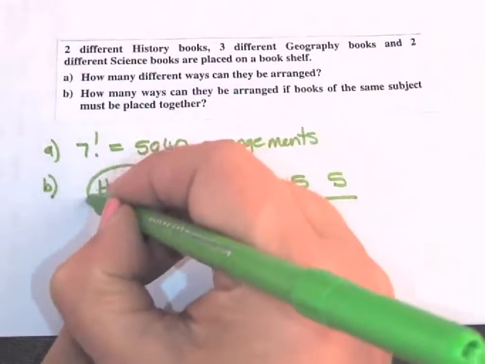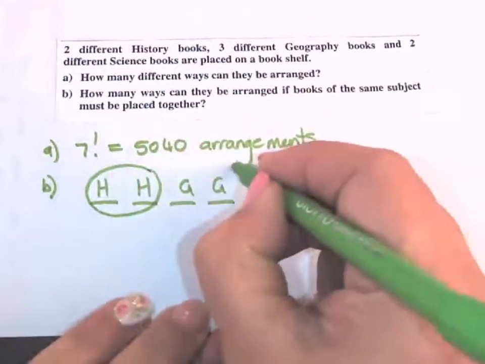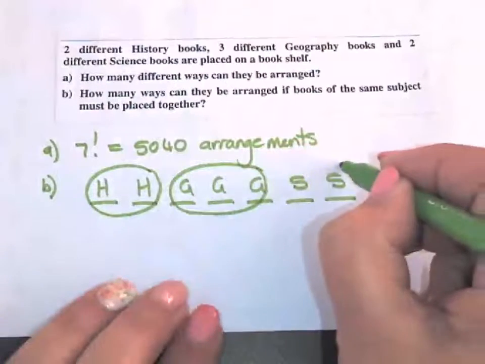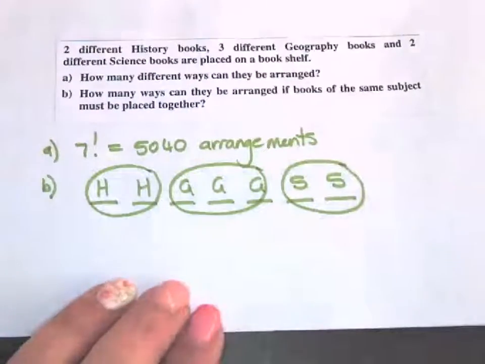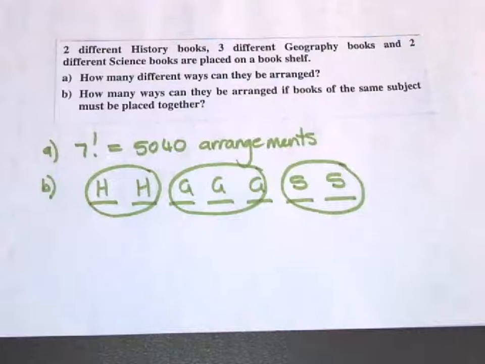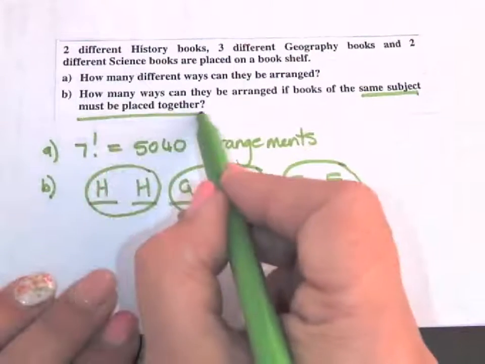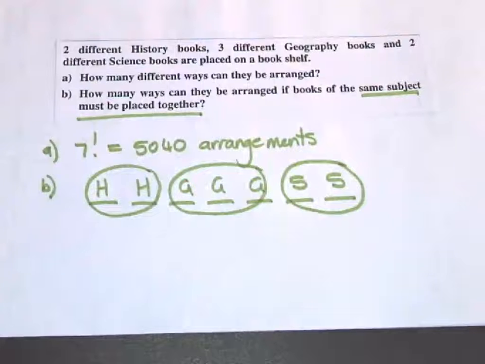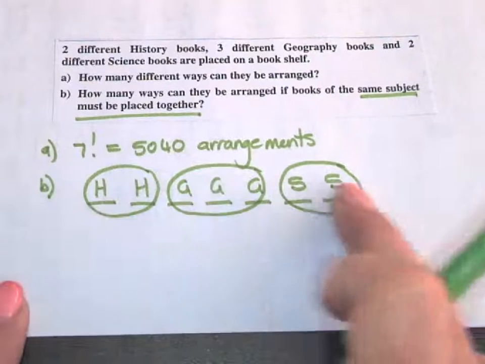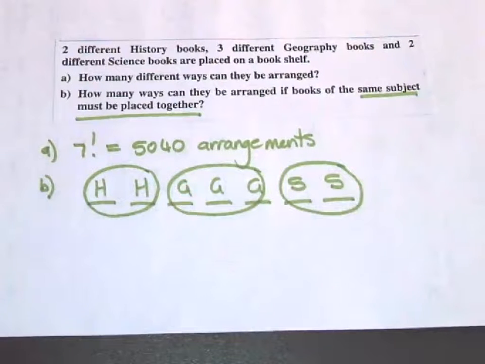So there's a unit, there's a unit, and there's a unit. We only do that if I ask you that the same subject must be placed together. So only if they ask you the boys must sit together or the books must stay together, then you treat them as units. So how many units do we have? 3 units. And how many ways can you arrange the 3 units?